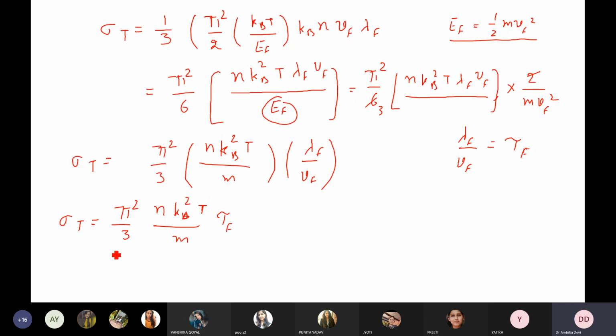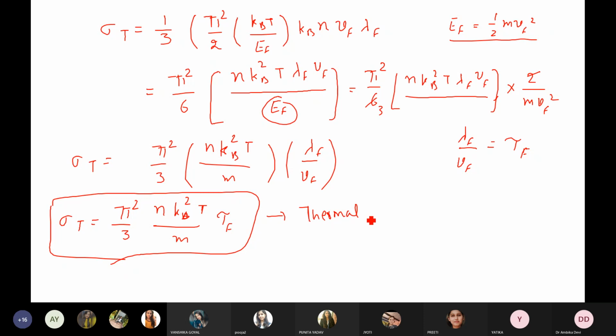So sigma t is equal to this one. So this is the expression for the thermal conductivity of metals.